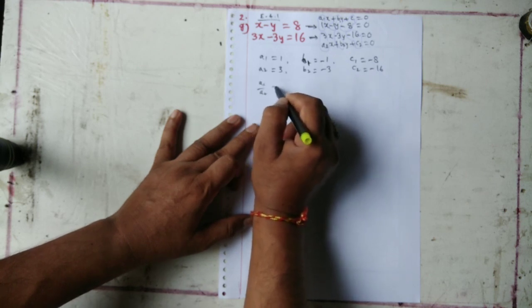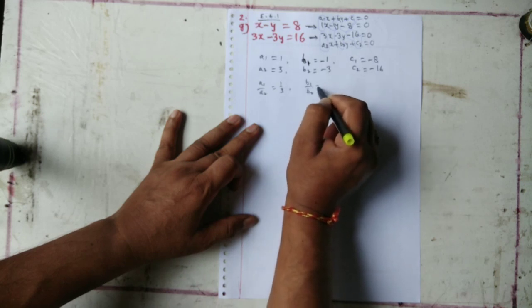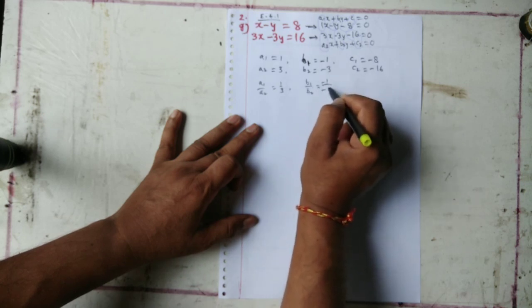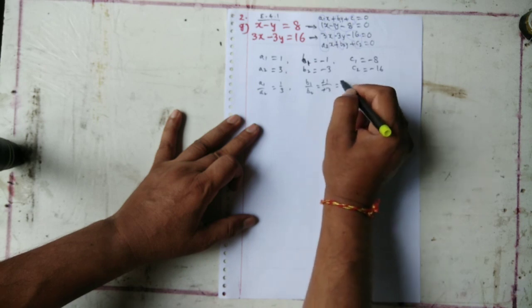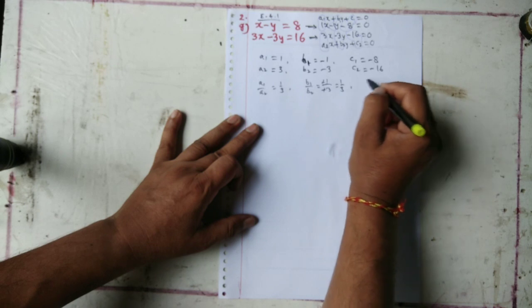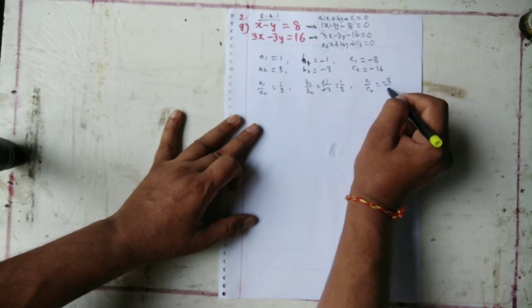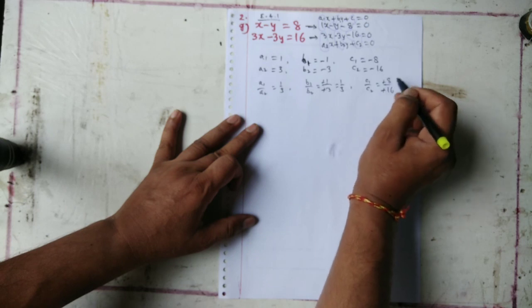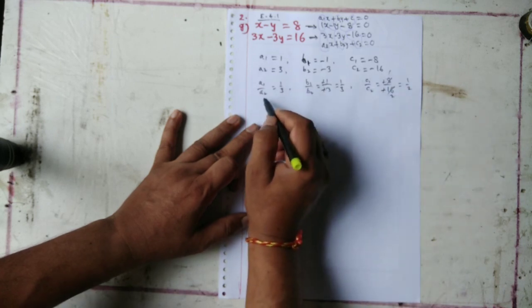a1 by a2 is equal to 1 by 3. b1 by b2 is equal to minus 1 by minus 3, minus minus gets cancelled, 1 by 3. c1 by c2 is equal to minus 8 by minus 16. Minus minus gets cancelled. 8 ones are 8, 8 twos are 16, so 1 by 2.